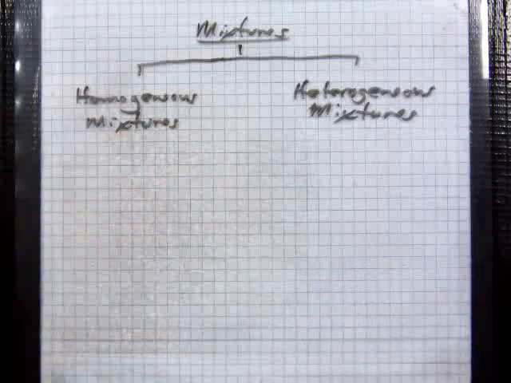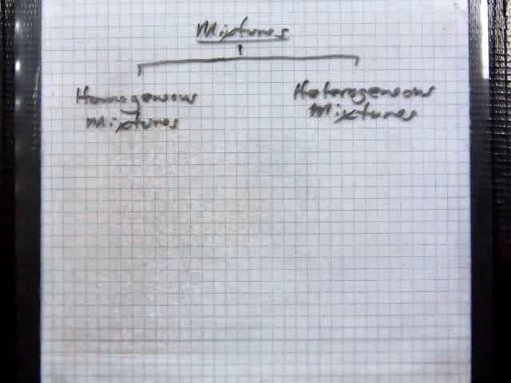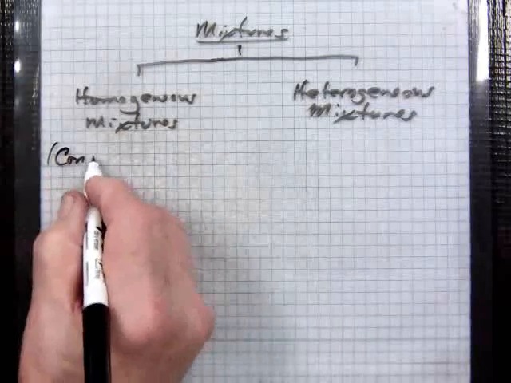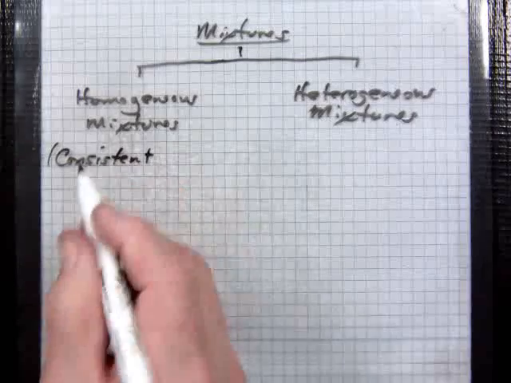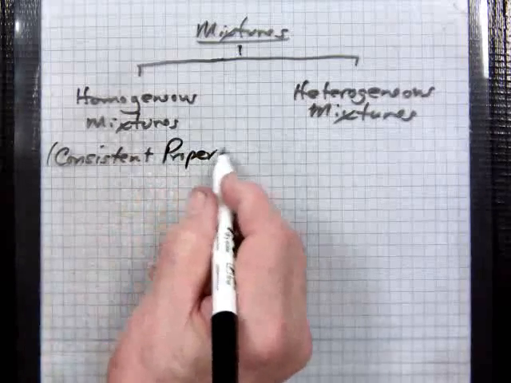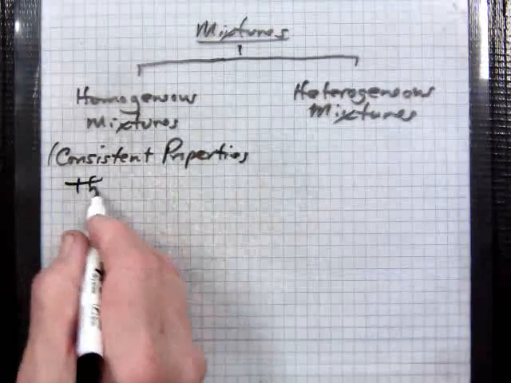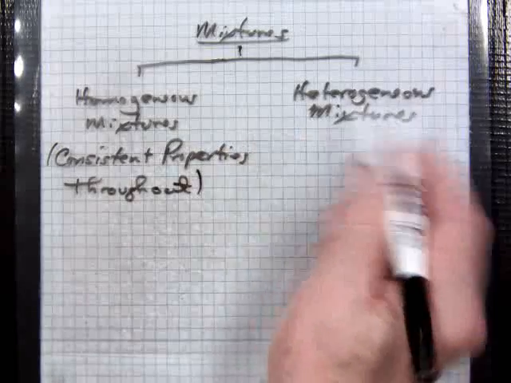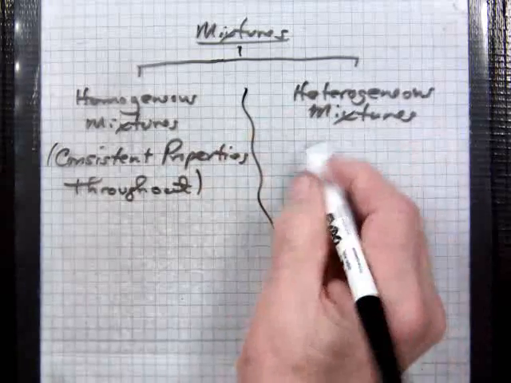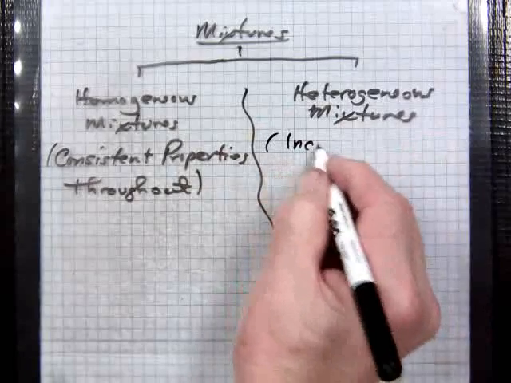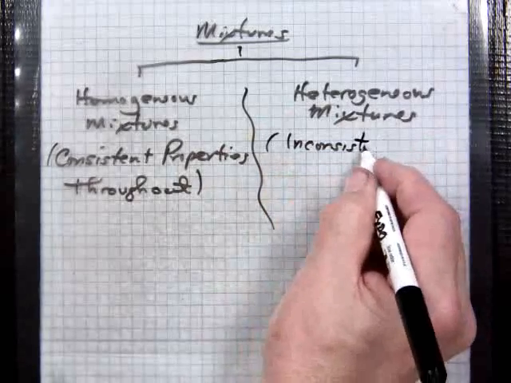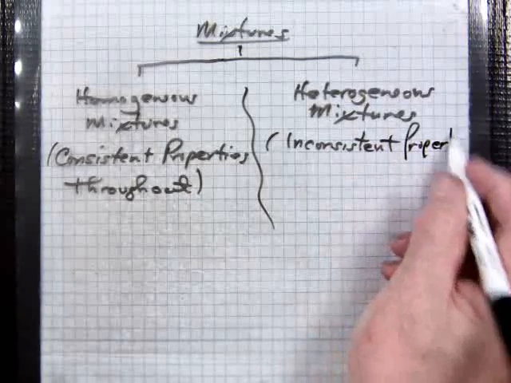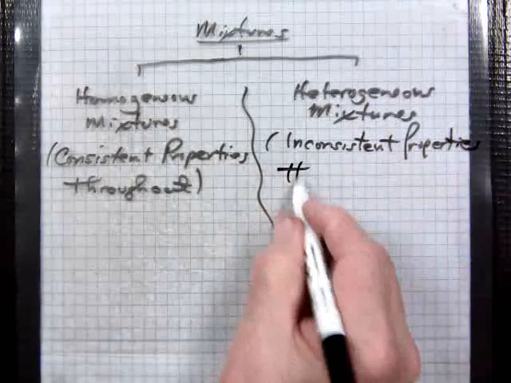When we talk about a homogeneous system, we're talking about something that has consistent properties throughout, as far as the definition goes. Whereas the heterogeneous, on the other side of this equation, is inconsistent throughout.